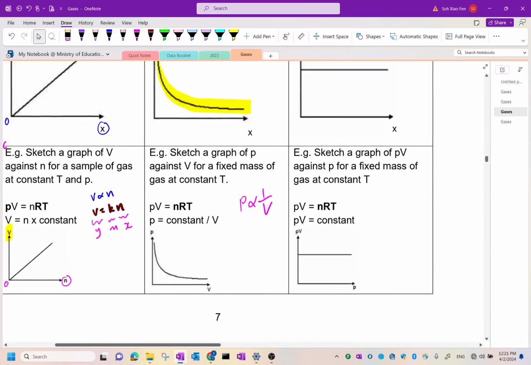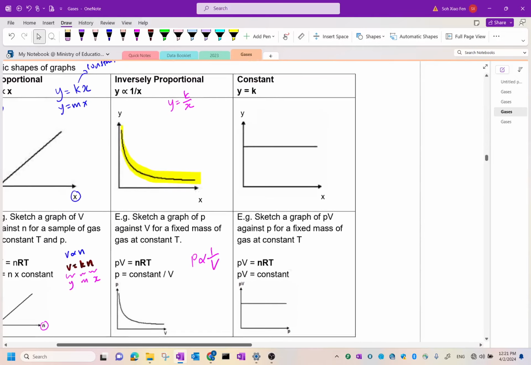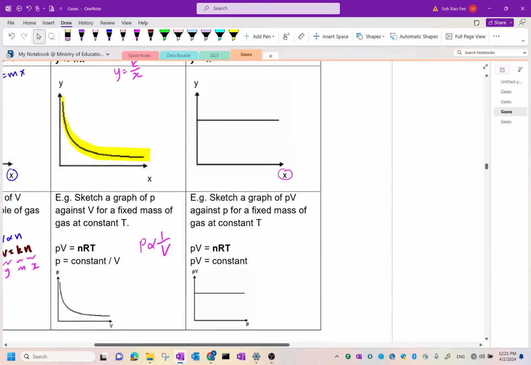Then of course, we will also have a situation where y equals k. This means it is constant and doesn't change. Regardless of how your variable x changes, y is independent of x, because y will always equal a constant. This is similar to what we have seen in Boyle's law.